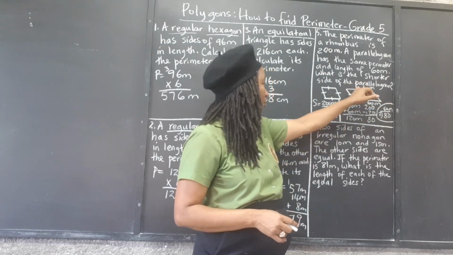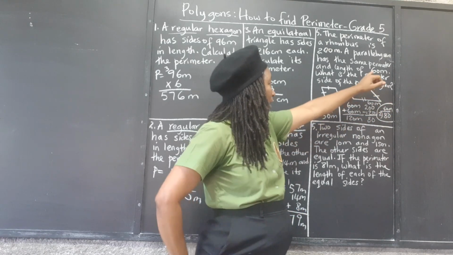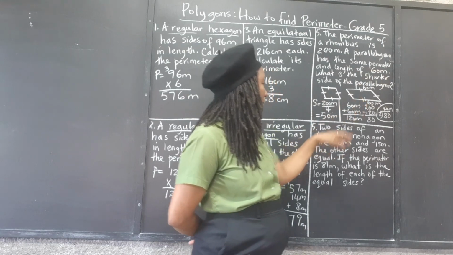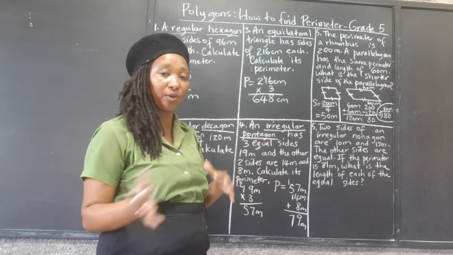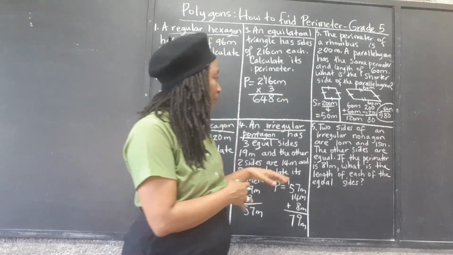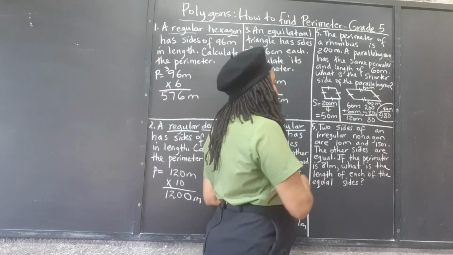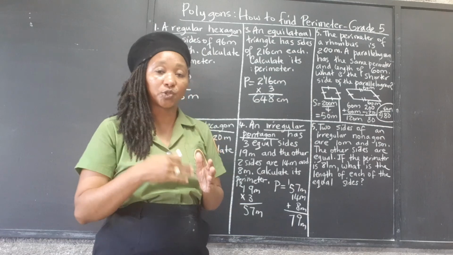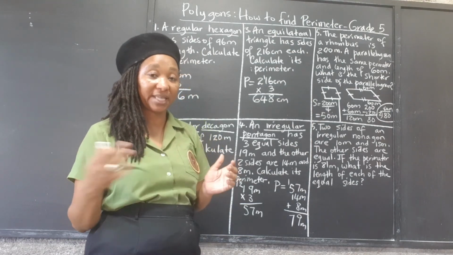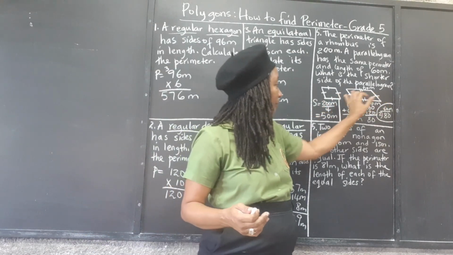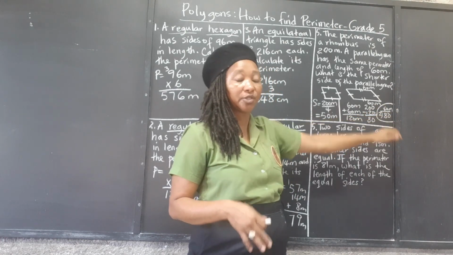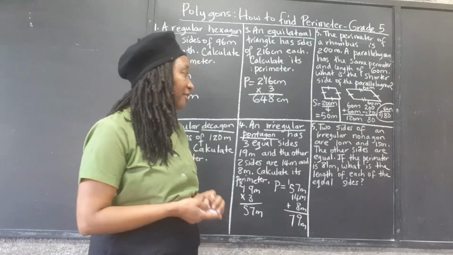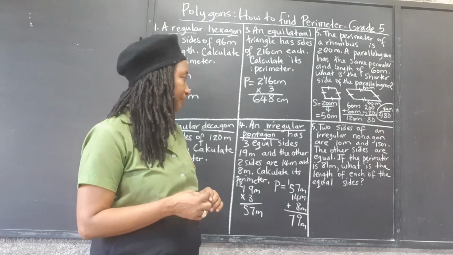We know that it has two lengths that are the same, 60 each. So we add those up, we get 120. Remove those from the perimeter, take those out to see what's left. So 80 meters are left, and that represents the two short sides, which are the same length as each other. So that's why we're dividing that by 2. So the length of the short side is 40 meters.